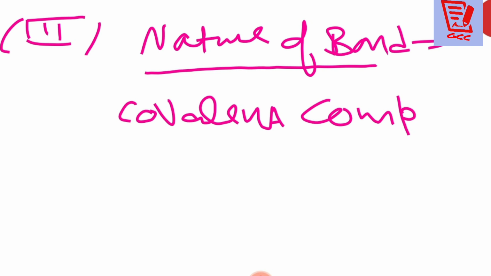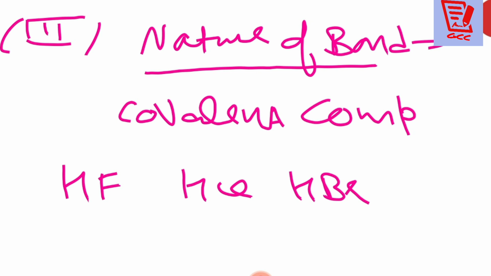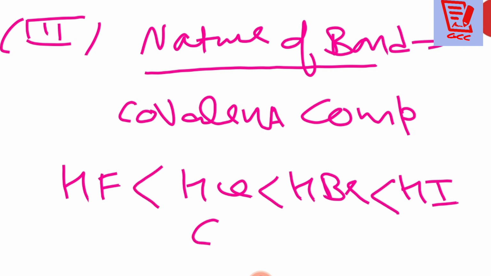You see please what I am writing there. HF is there, then HCl is there, then HBr is there, then HI is there. So students, what usually we are saying like this way only, that their covalent character usually increases from HCl to HI.